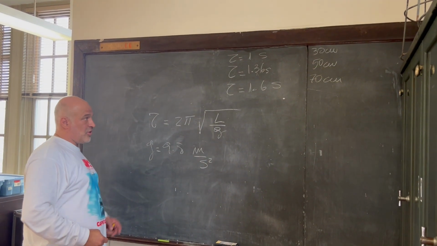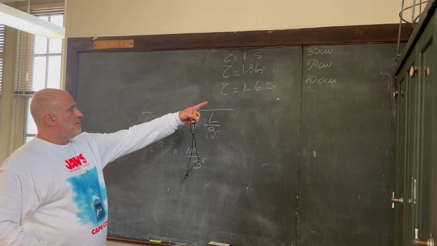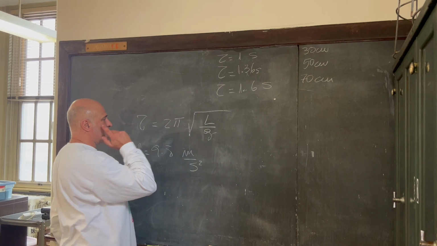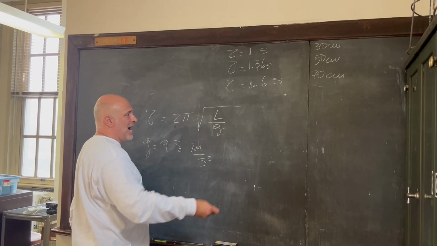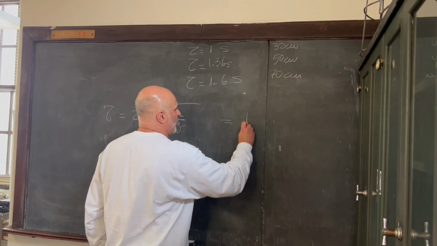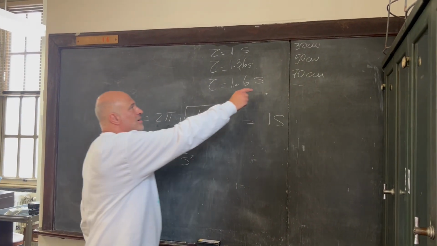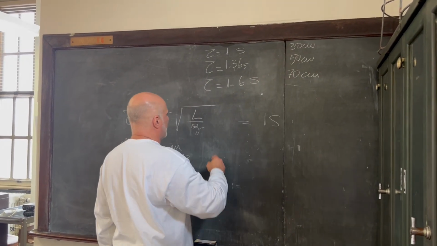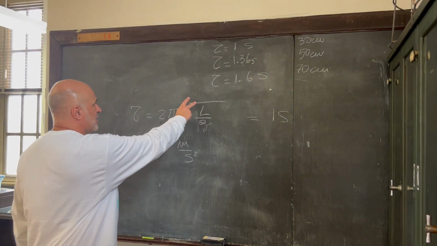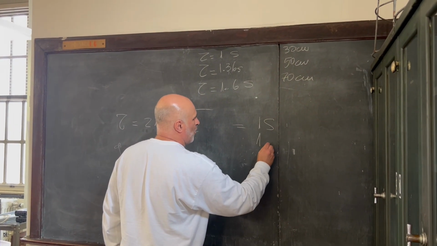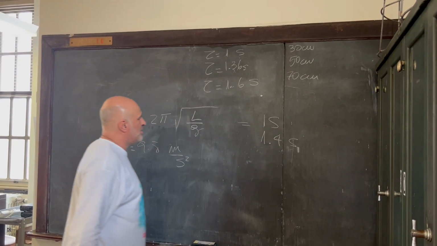So you can convince yourselves, substituting 0.3 divided by 9.8, you take the square root, you multiply by 2 pi, and you are going to get 1 second. If you do the same with 0.5 divided by 9.8, take the square root, you multiply by 2 pi, and you are going to get 1.4 seconds.